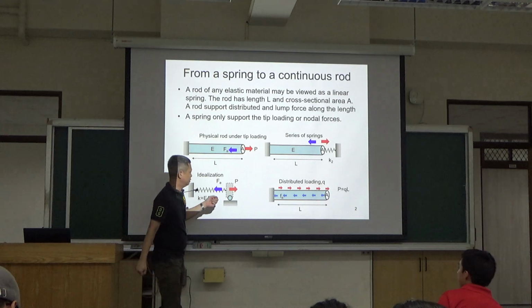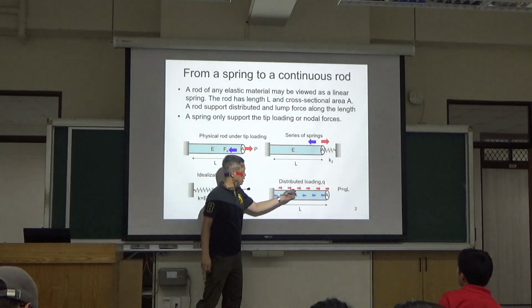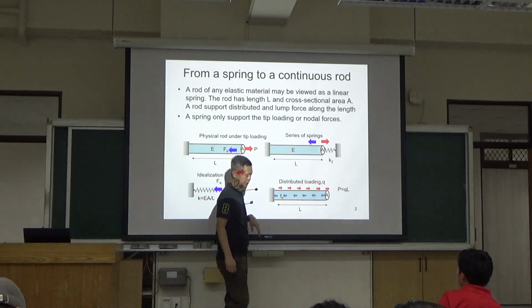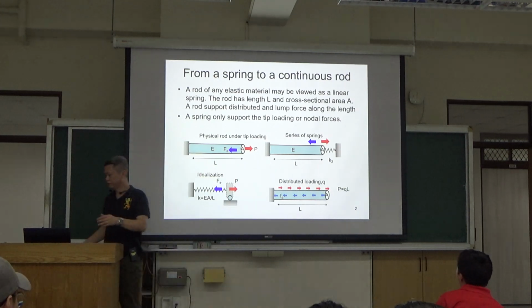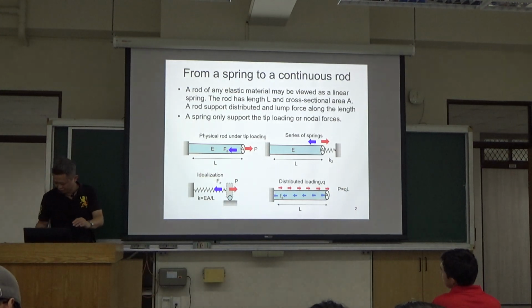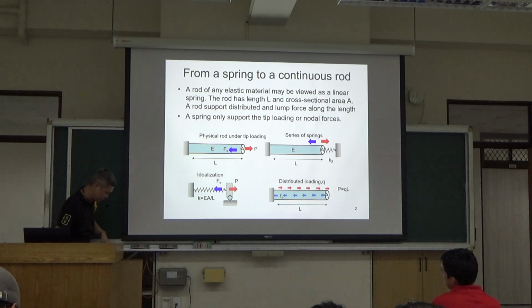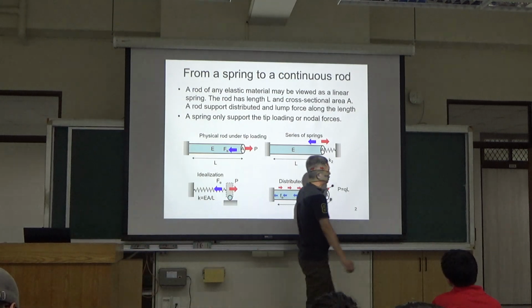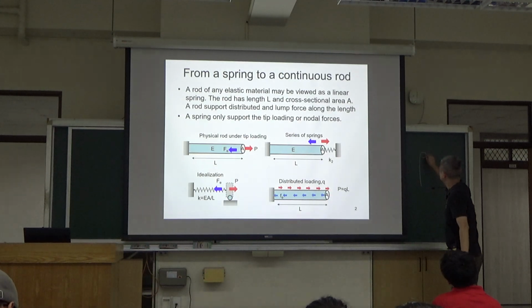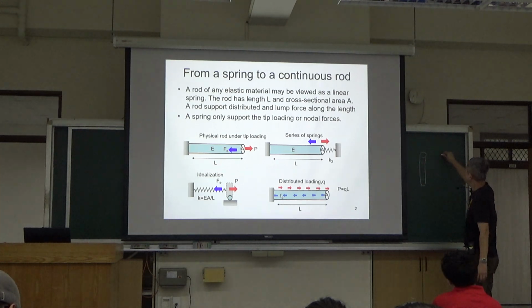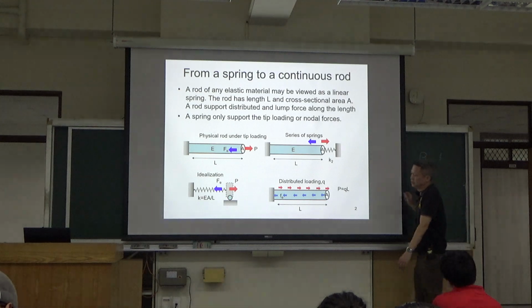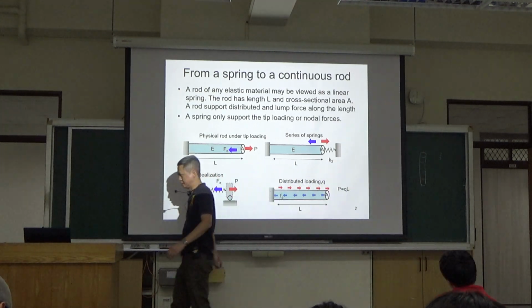You don't consider the force along the length of the spring. Of course, a continuum can be cut into many elements, and each element can be modeled as a spring.